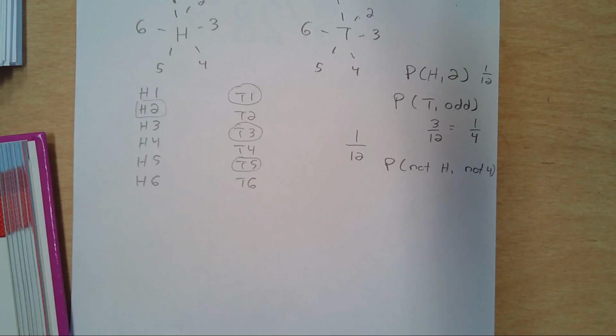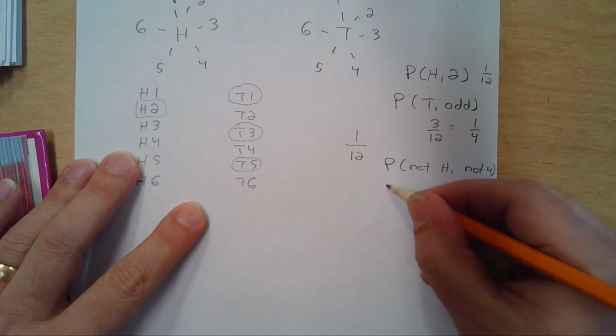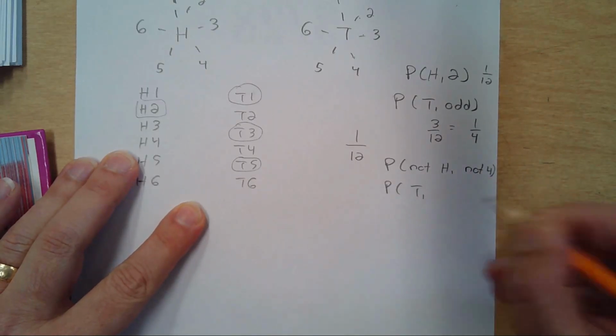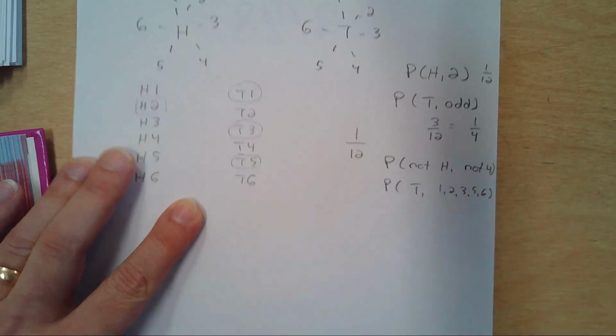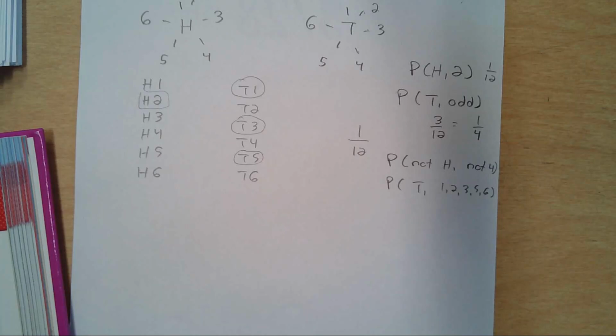Not heads, not a 4. 5/12 it is. So again, you need to just pause, and again, you guys rightly did. If I rewrote it, I could have written it this way too. The probability of getting a tails and a 1, 2, 3, 5, or 6. These are exactly the same thing that I wrote here. One and the same. So we covered this not concept before yesterday.